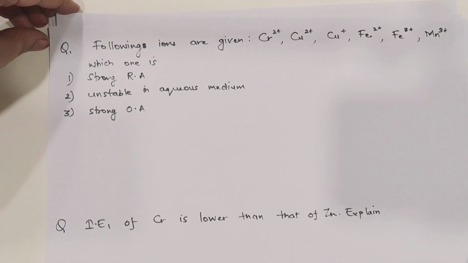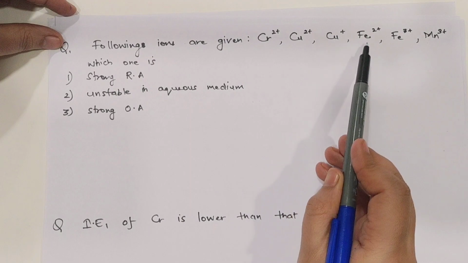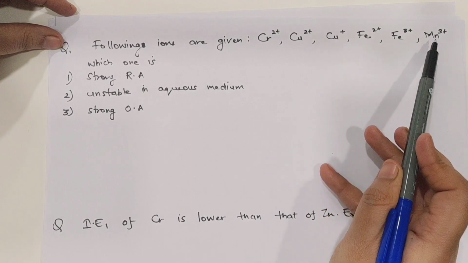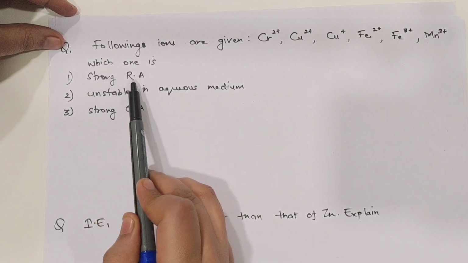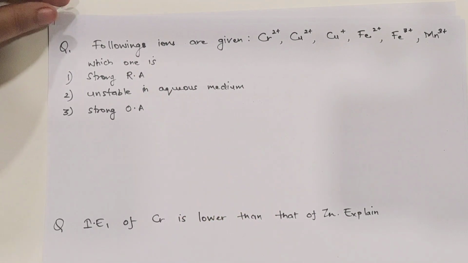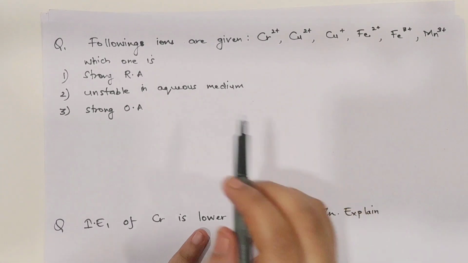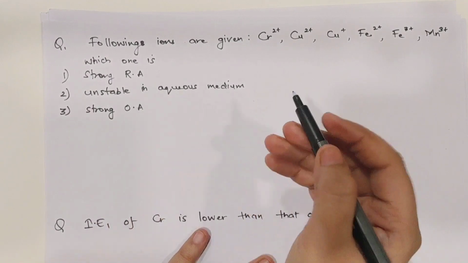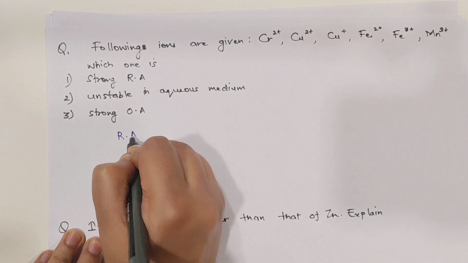Next, following ions are given. So you have chromium 2+, copper 2+, copper +, iron 2+, iron 3+, and manganese 3+. Which one is a strong reducing agent? In these kind of questions, at times, E0 values may also be given to you. Okay, so strong reducing agent means something that is likely to get oxidized.